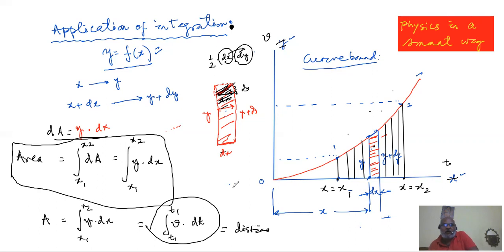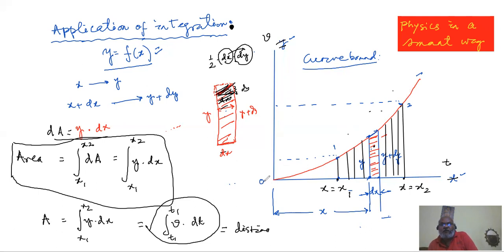How can it give you distance? It takes several seconds to become clear. As you have drawn a velocity, a speed time graph, the graph itself shows that at several time instants, our speed is different.